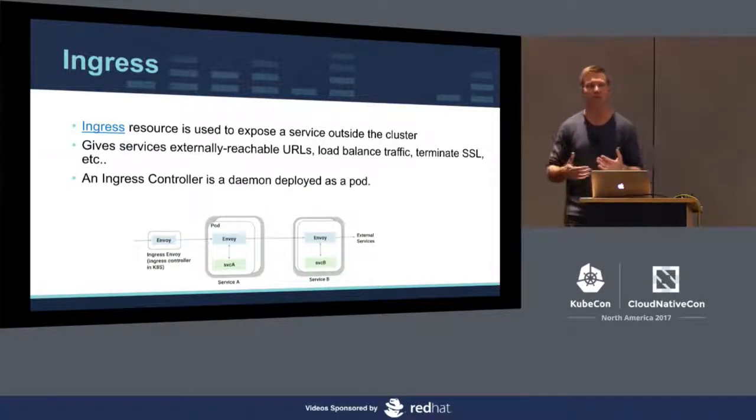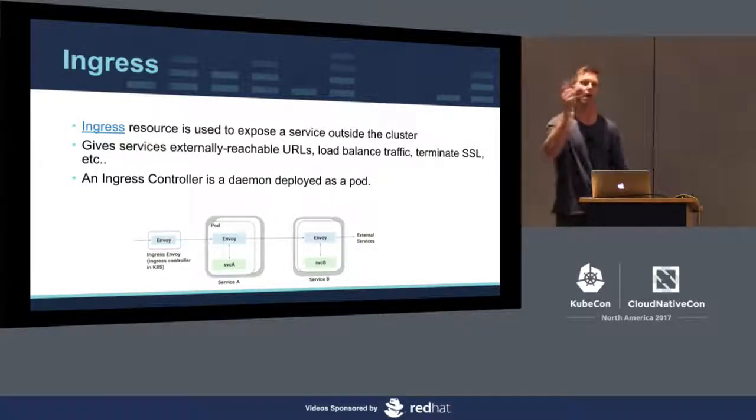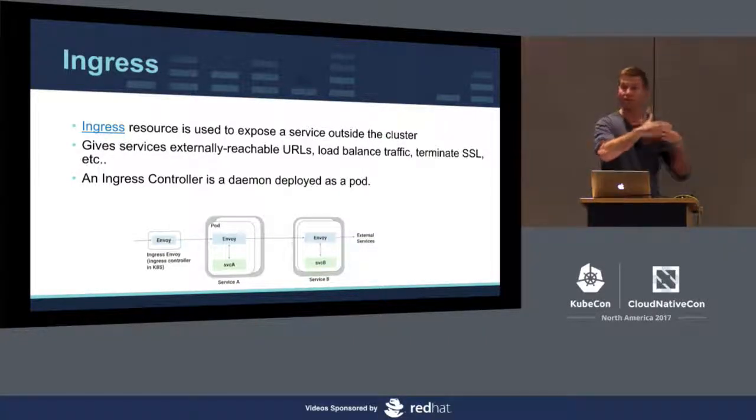So when you do a kubectl get pods from the Istio namespace, you're going to see Istio ingress. That's the ingress controller that's responsible for watching the ingress resource, and then, based on the rules that you identify in the ingress resource, permitting that traffic into the mesh.